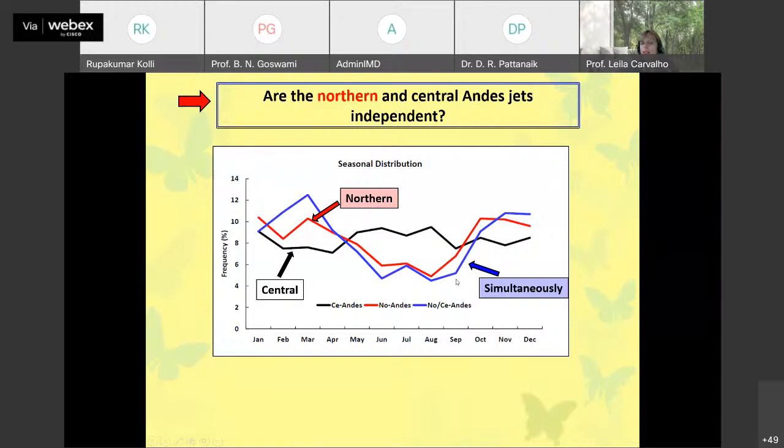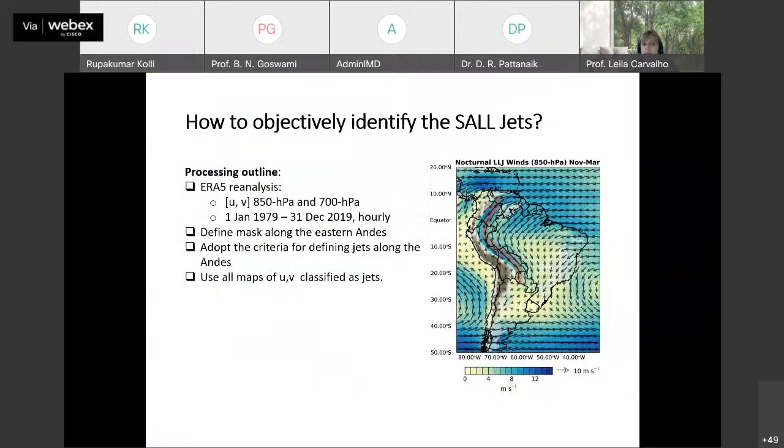And as I showed before, they act in different ways, almost opposite ways, but often they appear simultaneously. So we are interested in understanding what kind of circulation happens when they occur simultaneously, and when they occur independently.